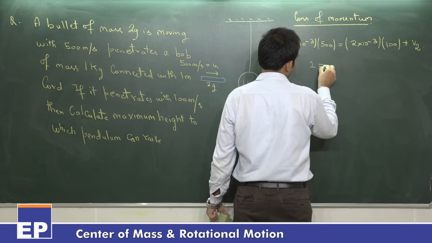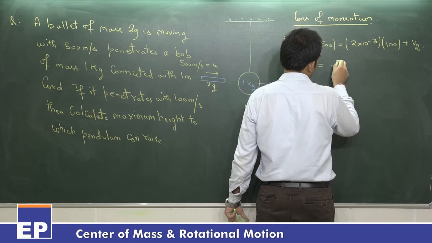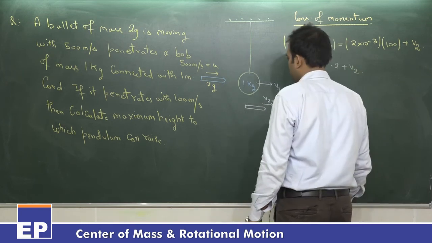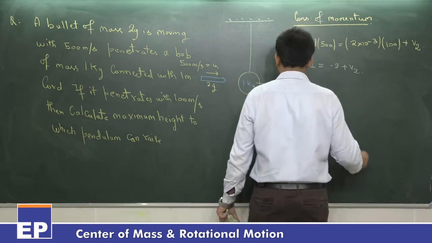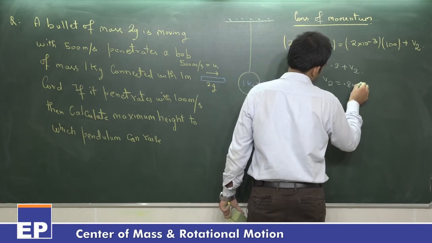That is 1 is equal to 0.2 plus v2. What is the value of v2? 0.8 meter per second.